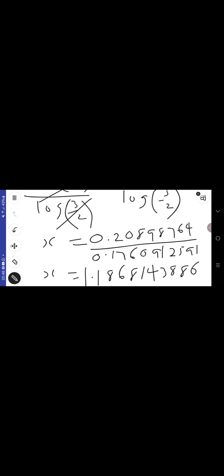So this becomes our final answer. Note that I'm writing all the values because I want you to get a concept, but you can actually approximate it to 3 or 4 decimal places.